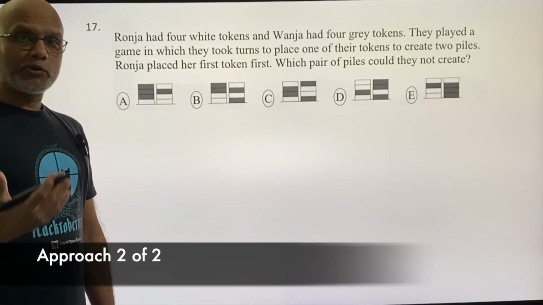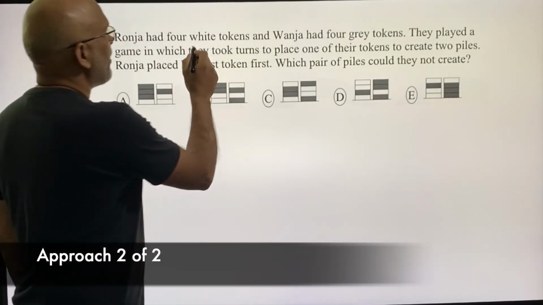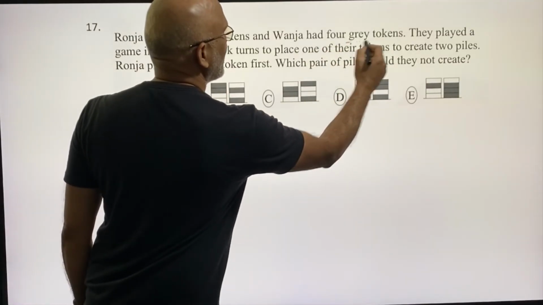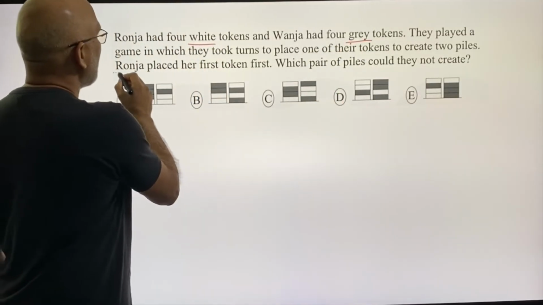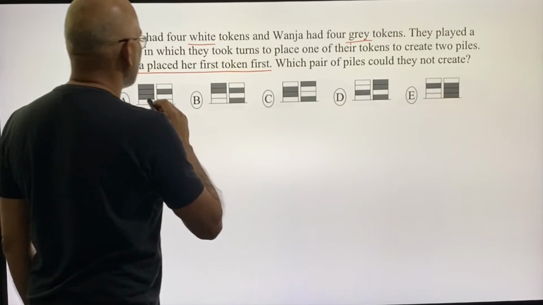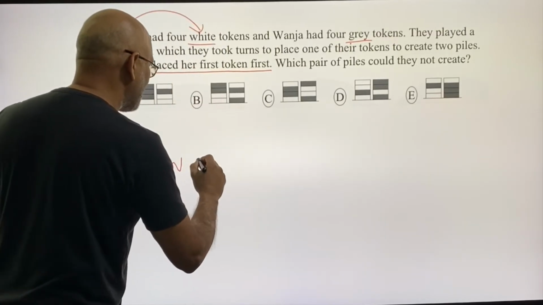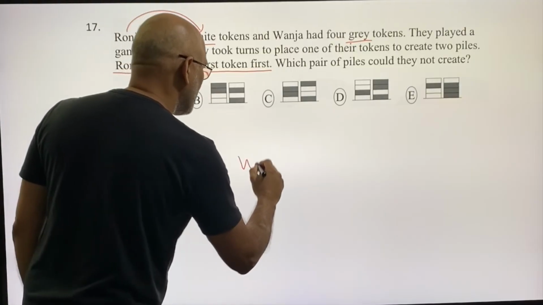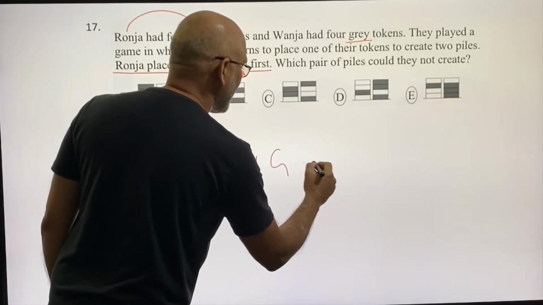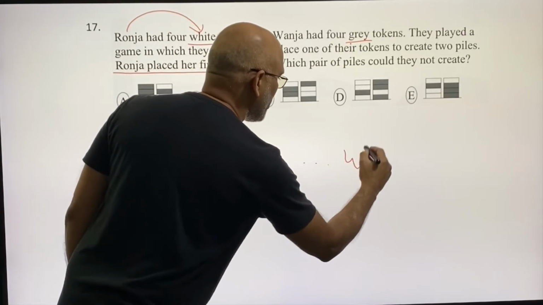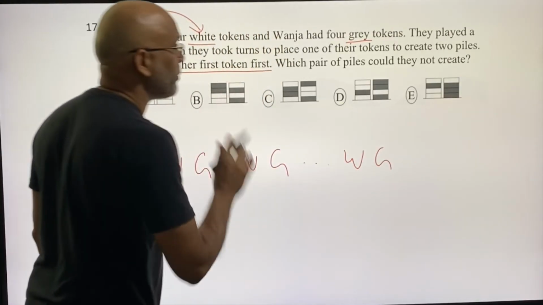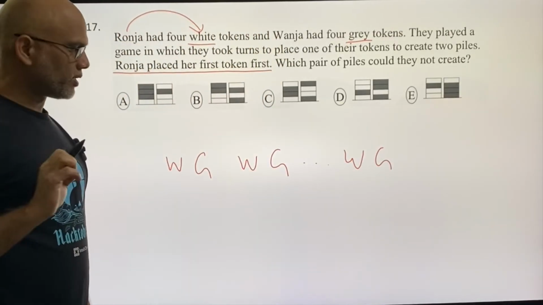There is another way to think about this problem. We have white and gray tokens, and Ronja placed her first token first, right? And Ronja has white. So it will be white first, and then gray, then white, and then gray, and so on. We will end with white and then gray because they have an equal number of tokens.